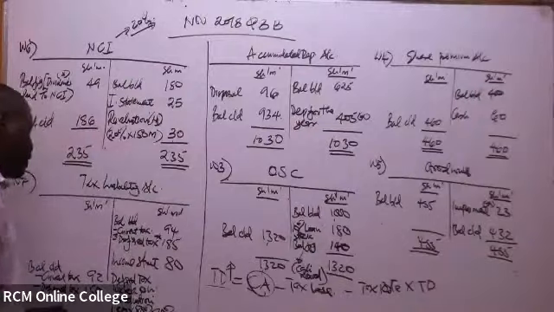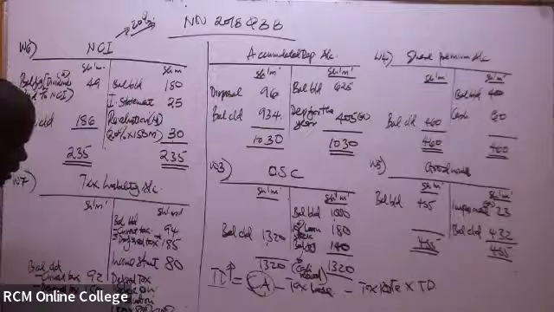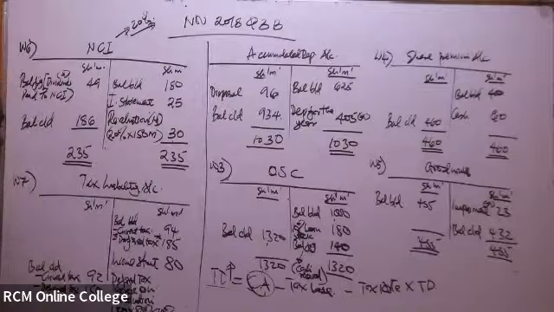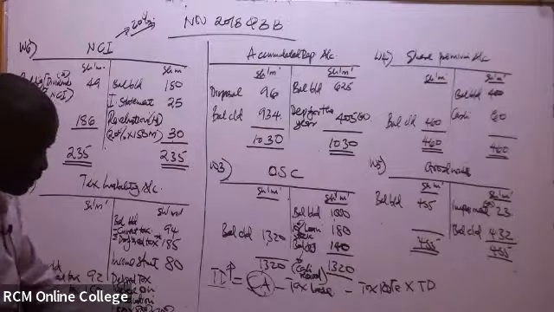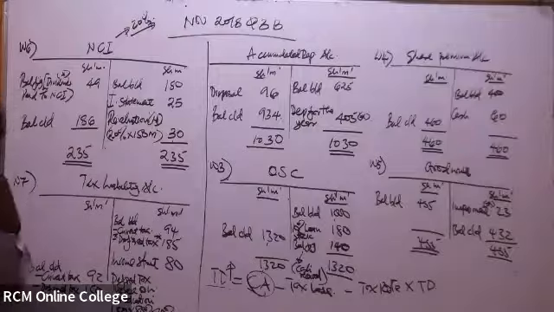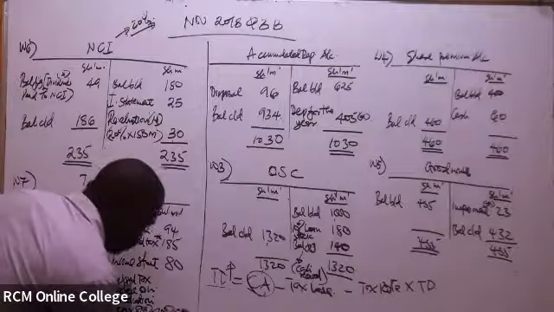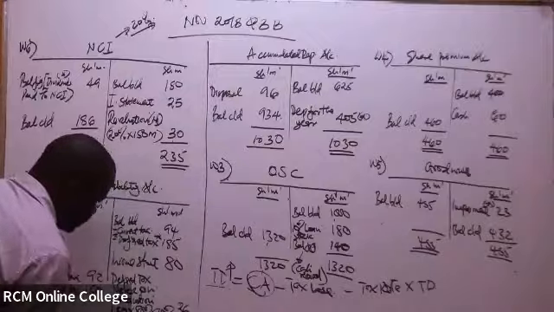So you likely get the deferred tax there. So I think it's 150 multiplied by 80%, multiplied by 30%. I think you'll get a figure of 36. Is it 36? I think it will be 36.